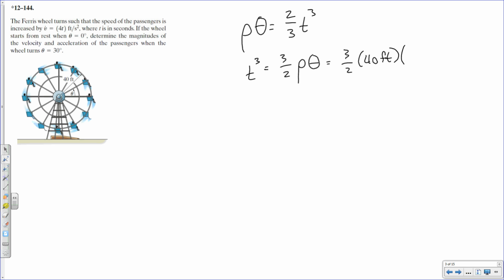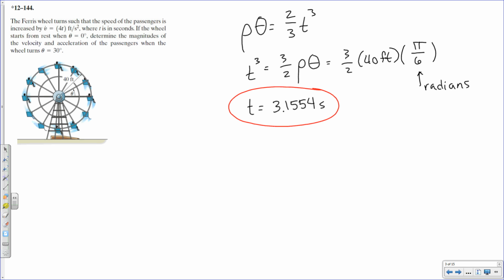Although the problem gives us 30 degrees, this is equal to pi over 6 radians. In order for the dimensions to work out properly, we need to include radians, not degrees, for theta. That's the base unit for theta. When we do this, the time turns out to be 3.1554 seconds.